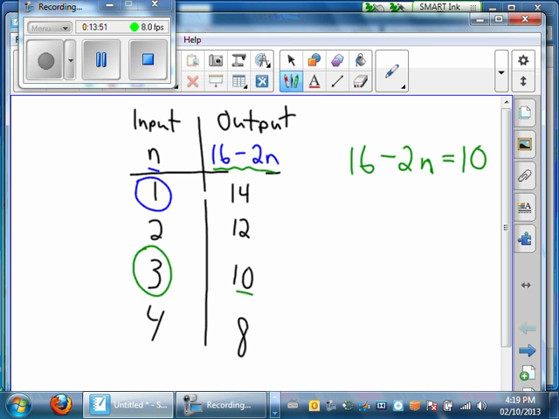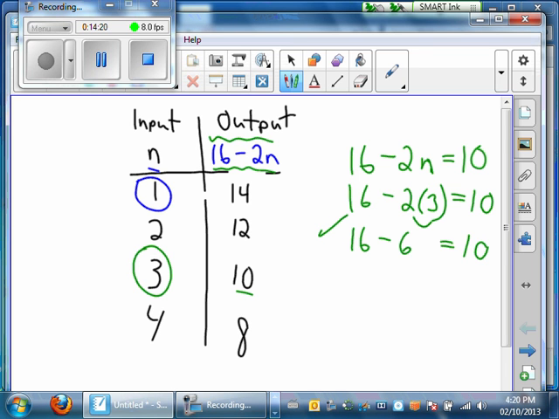Well, n is going to be 3, so it's going to be 16 minus 2 times 3, and that's going to equal 10. Now remember, order of operations says we always have to do division and multiplication before we do addition and subtraction. So we need to solve this part before we subtract it from 16. So it'll be 16 minus 6, and in fact 16 minus 6 does equal 10. So we know that our algebraic expression here, 16 minus 2n, is a good one.